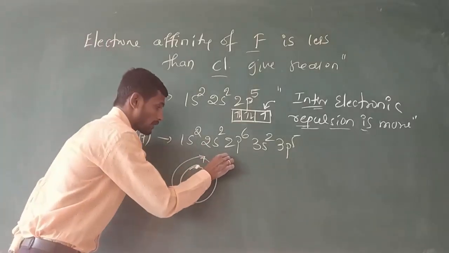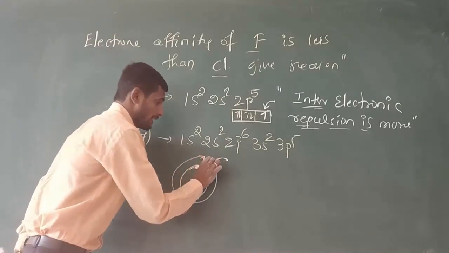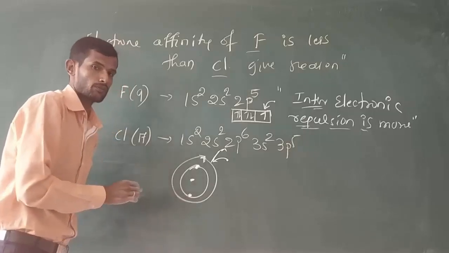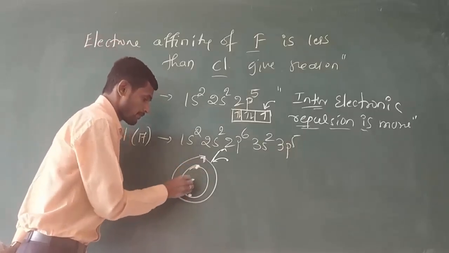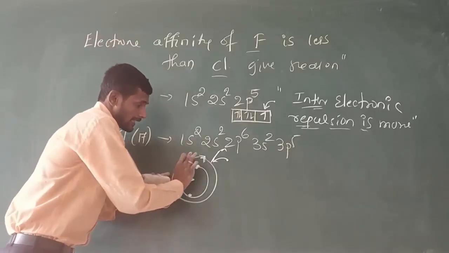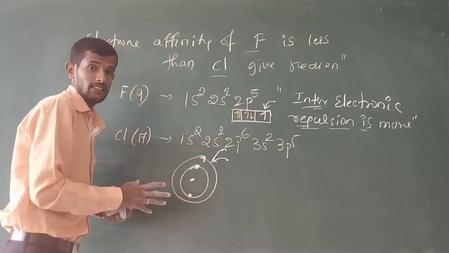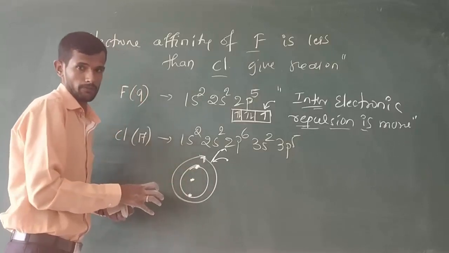If you add one more electron to these 7 electrons, repulsion is observed. More repulsion between the electrons is observed. Why does this happen? See here. Because of the small size, the electron density here is more.